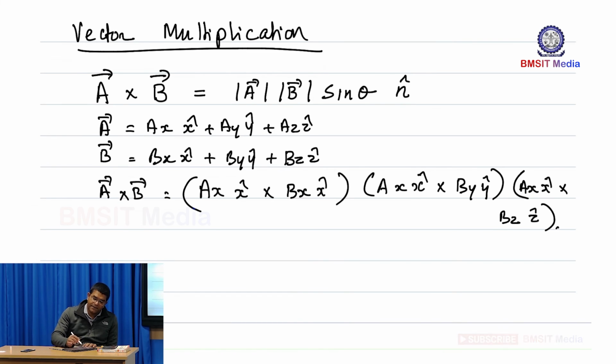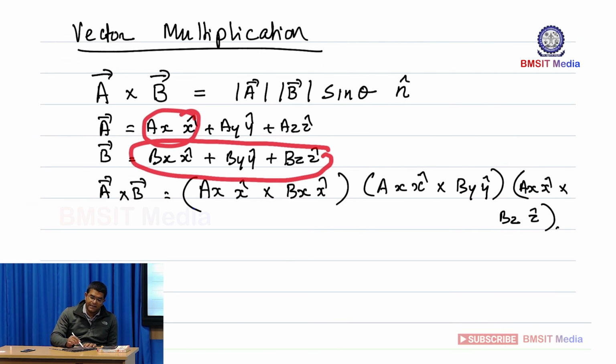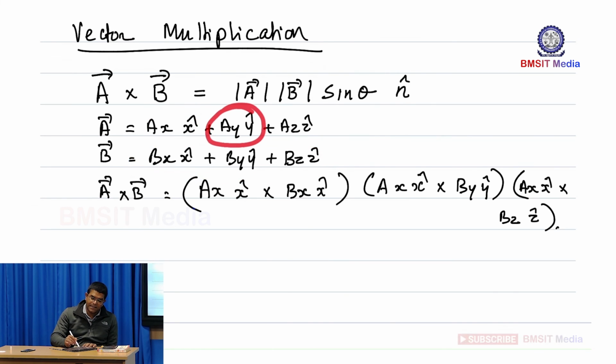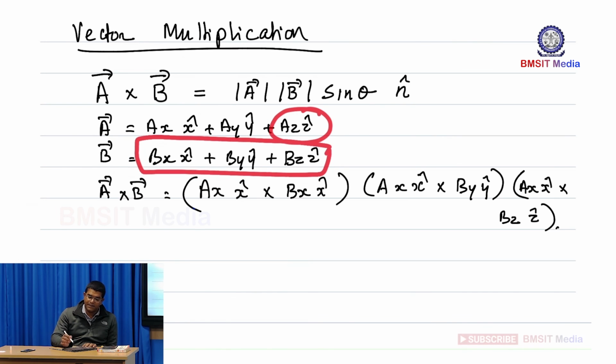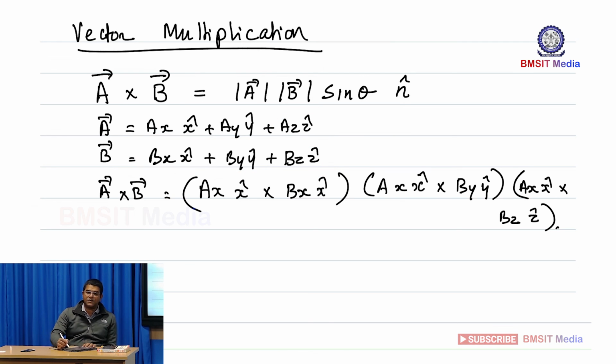So basically what I am doing here is, I am taking the first component and multiplying with all the three. Then take the second component and multiply with all the three. Take the third component and multiply with all the three. So you will be getting basically 9 terms like this.